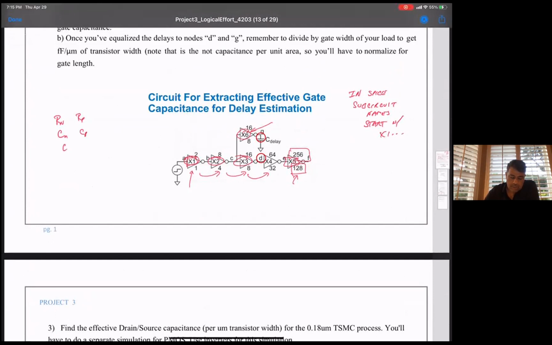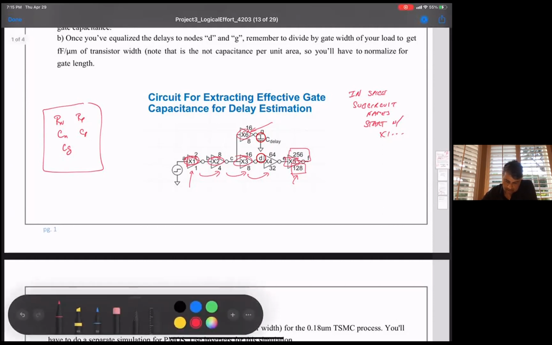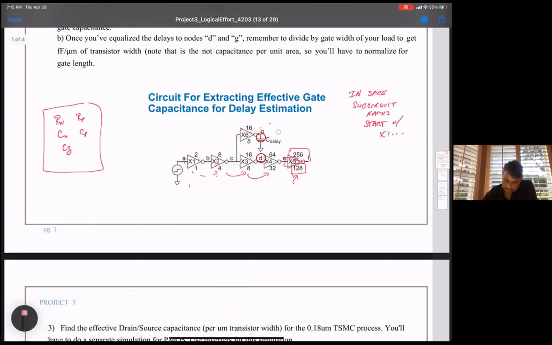So these are drain source, and then C sub gate. These were giving our time constants for the actual delay. So in these first steps, steps 2, 3, and 4, we are trying to get these parameters. So for example, what we're doing in this case, let's erase this stuff.